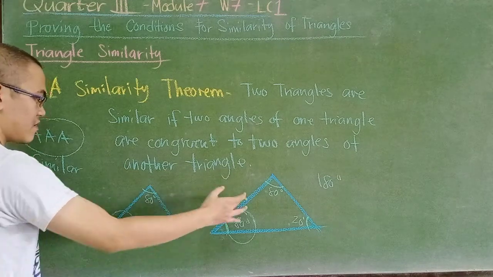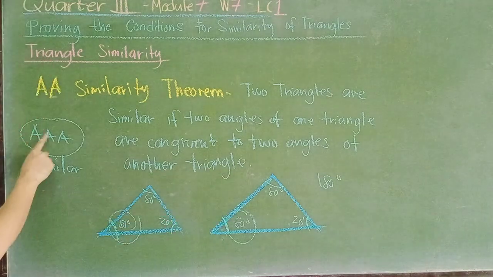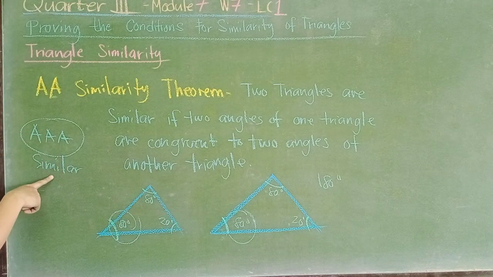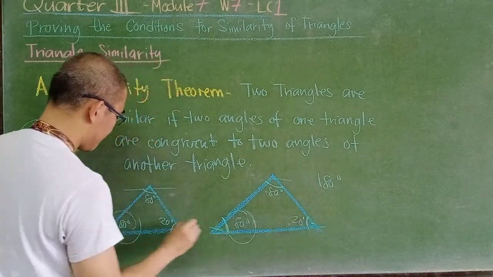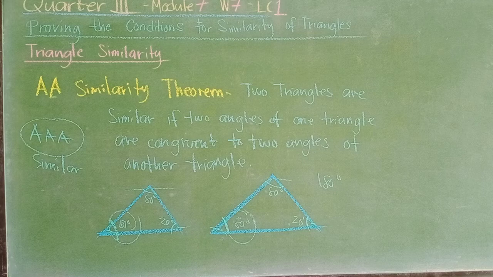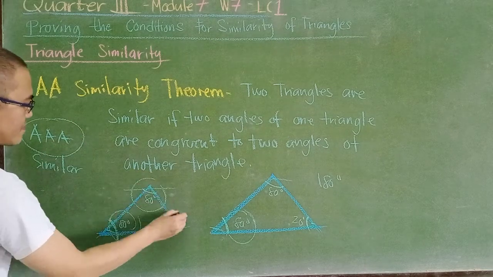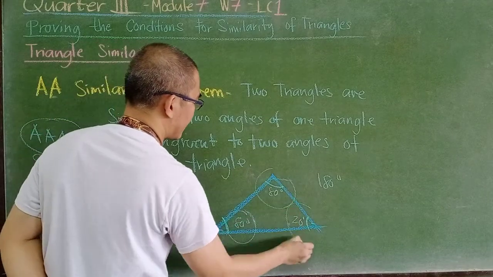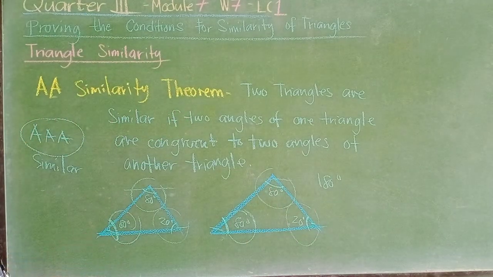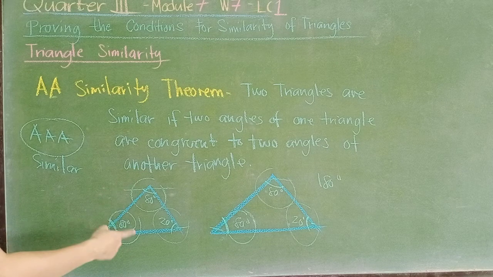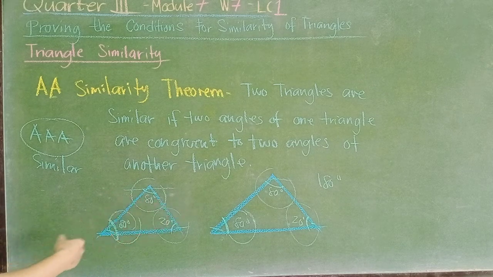So, this triangle falls under AAA similarity postulate. Na kapag meron kang tatlong parehas na angle, congruent sila. Pero ang given lang natin kanina is yung dalawa. So, ibig sabihin, kahit dalawa lang yung angles na congruent, pwede mo nang sabihin o i-state na yung dalawang triangles natin ay similar.